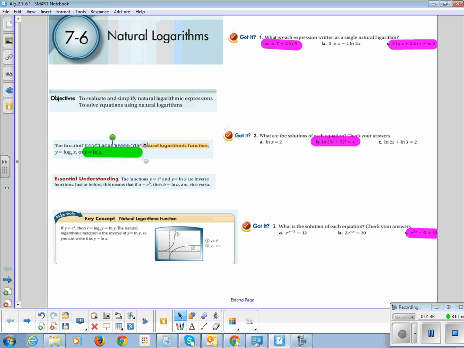So essentially, what you have to understand is that for y equals e to the x, the inverse of that is y equals natural log of x. They're inverse functions.